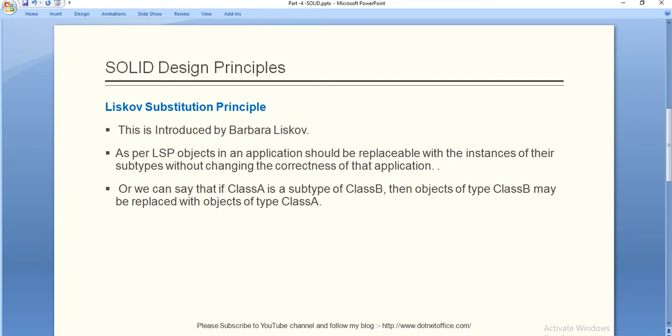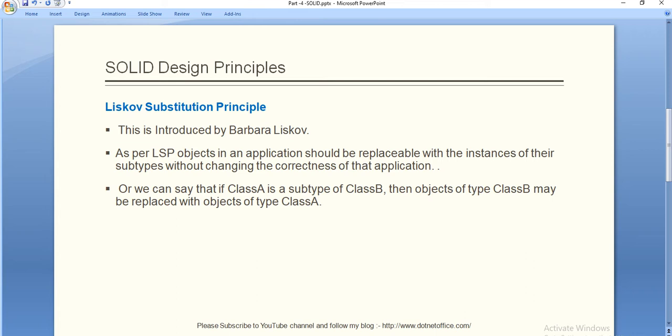As per the Liskov substitution principle, which was introduced by Barbara Liskov, a class object in an application should be replaceable with an instance of its subtype without changing the correctness of the application.